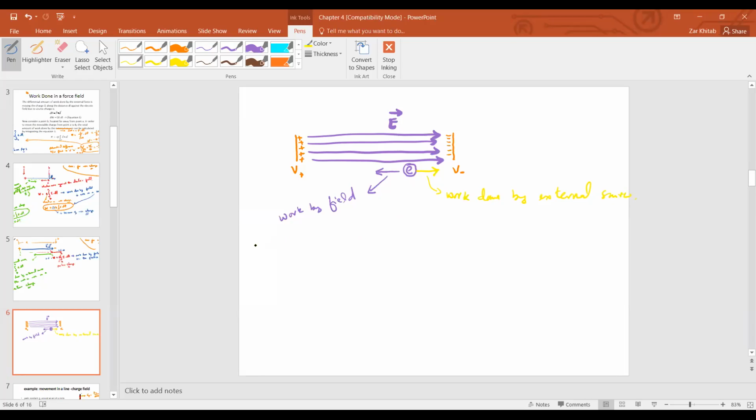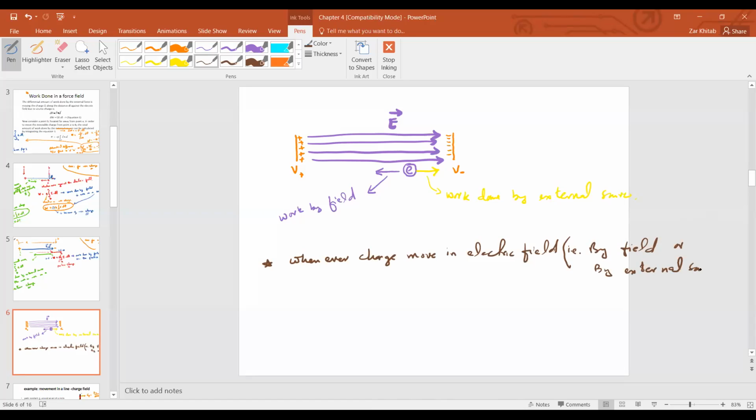Okay, but the whole idea is, whenever a charge moves in an electric field, that is by the field or by an external source.